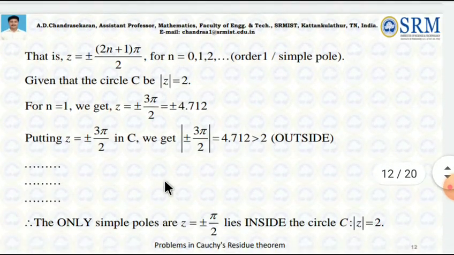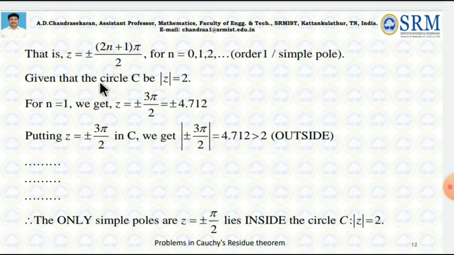Suppose if I substitute n equal to 1, we get plus or minus (2 plus 1), that is 3 pi by 2. How much is 3 pi by 2? It is 4.712. So by substituting z equal to plus or minus 3 pi by 2 in the given circle, this gives 4.712. That means it is greater than 2, the radius value.